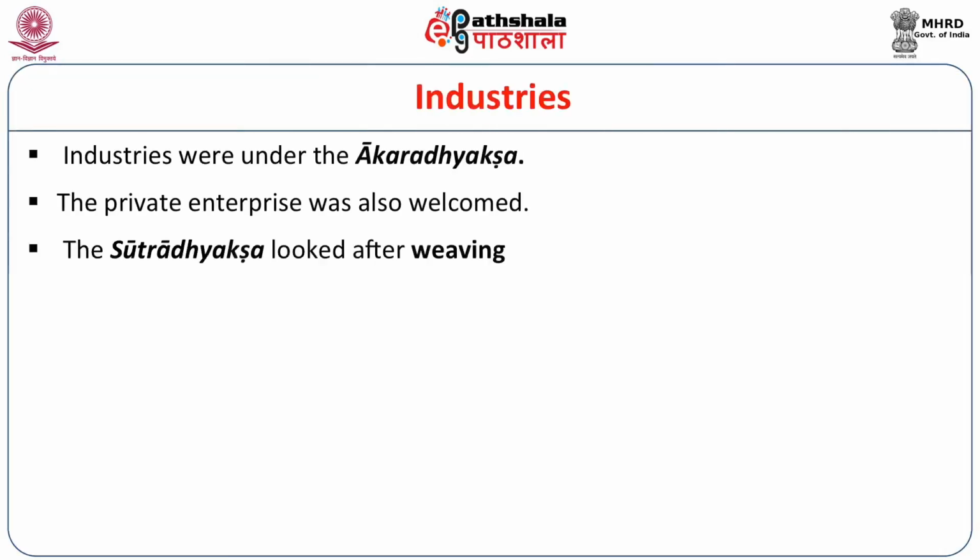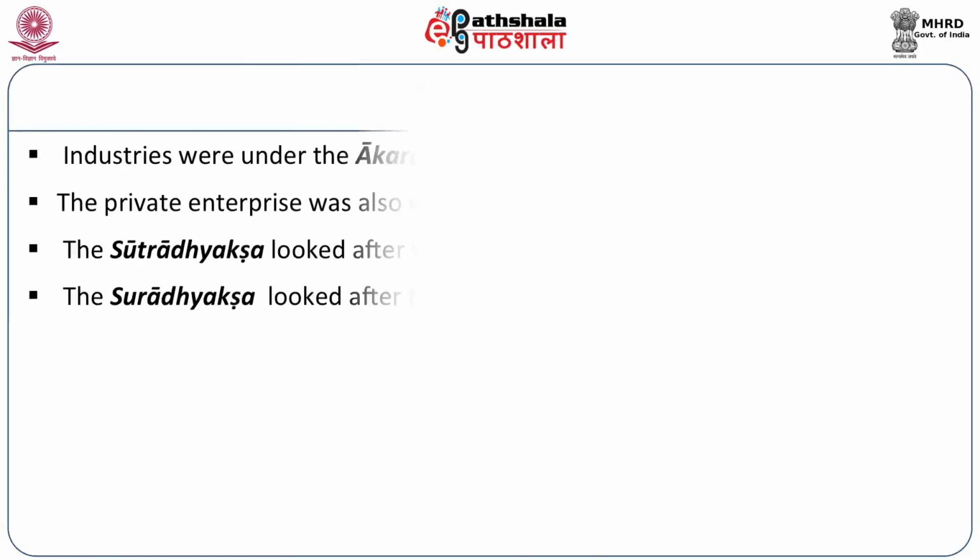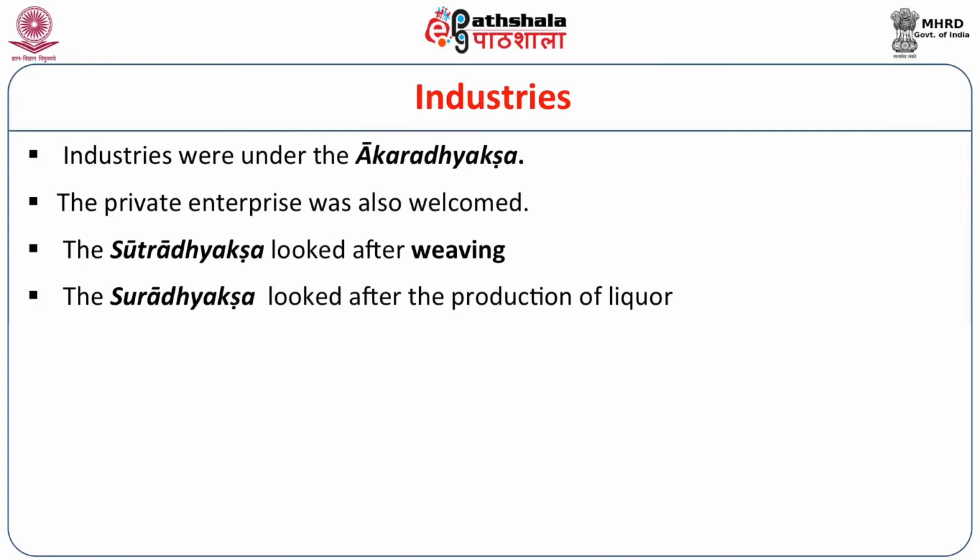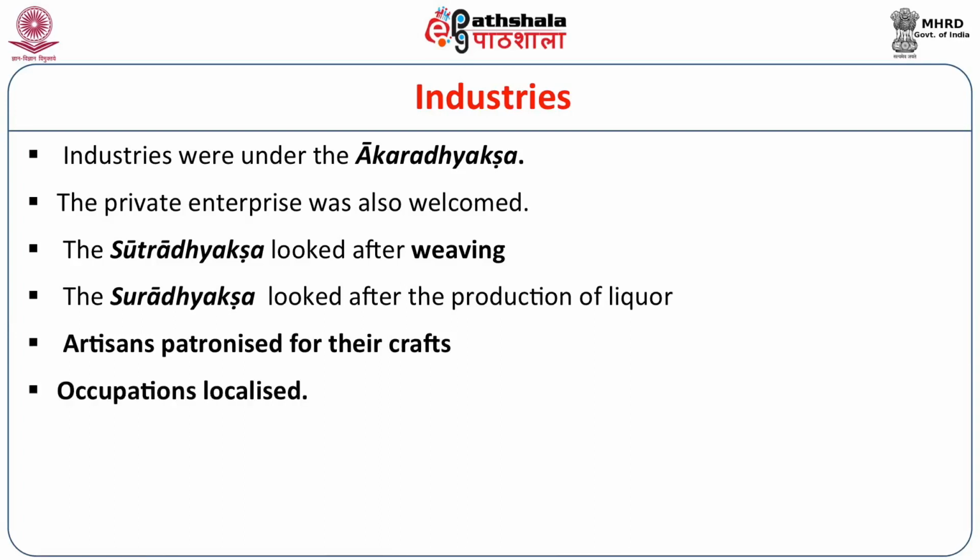The Shutradhaksha looked after weaving. Shutradhaksha only supervised weaving. Another Adhaksha we get, that is Shuradhaksha. He was concerned with the production of liquor, and artisans were patronized and their crafts also, and occupations localized.